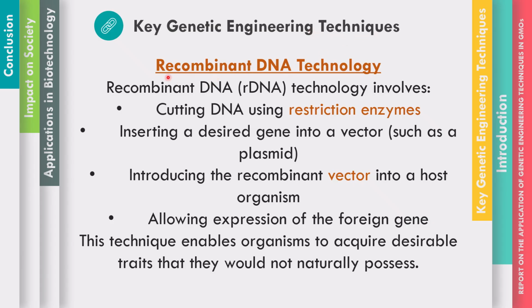The first one is recombinant DNA technology. Recombinant DNA, rDNA technology, involves cutting DNA using restriction enzymes, inserting a desired gene into a vector, such as a plasmid, introducing the recombinant vector into a host organism, allowing expression of the foreign genes.